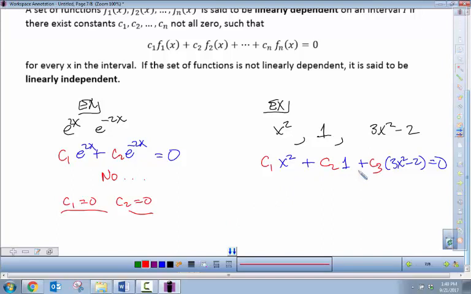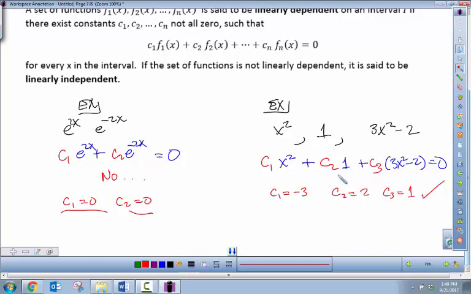What do you think? What would C1 be? -3. C2? 2. C3? 1. So would this work? The -3 and +3 would cancel, C2 would be 2 times 1, and then there's a -2 here that would cancel. So yeah, this looks like it'll work.